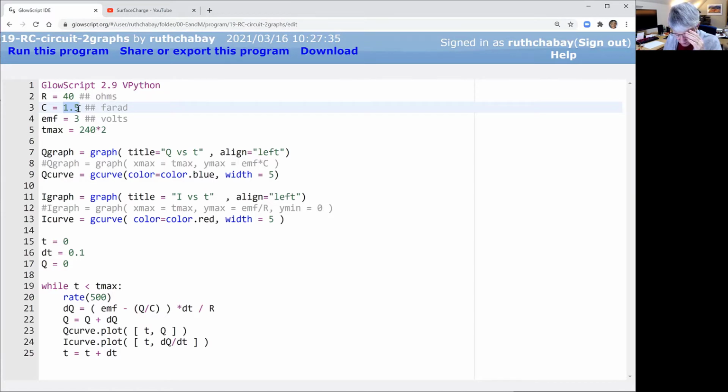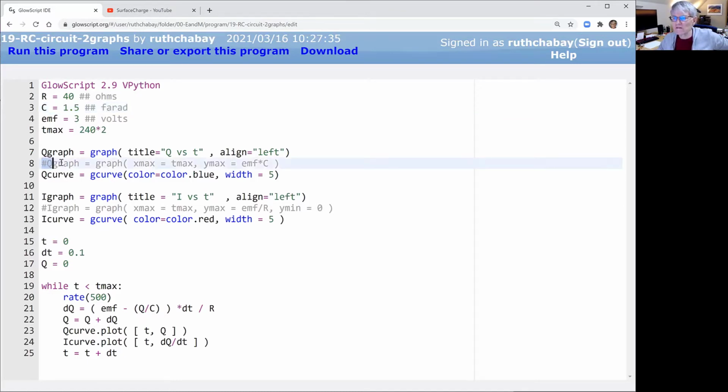What does it say? I thought it was 1, but it may actually be a 1.5 farad capacitor. It is 1. This is a 1 farad capacitor, okay? And this is with 2 batteries, so 3 volts. We can change that if we want.